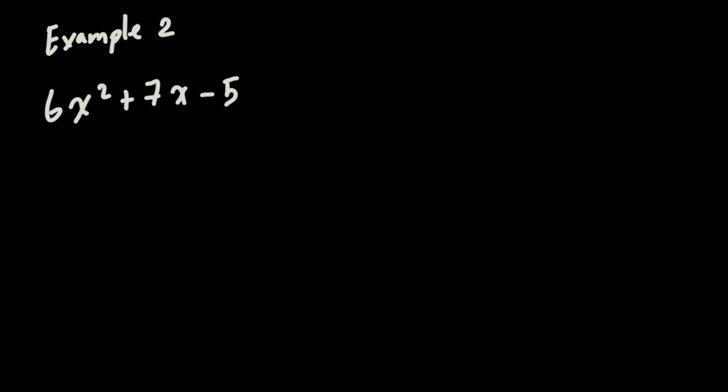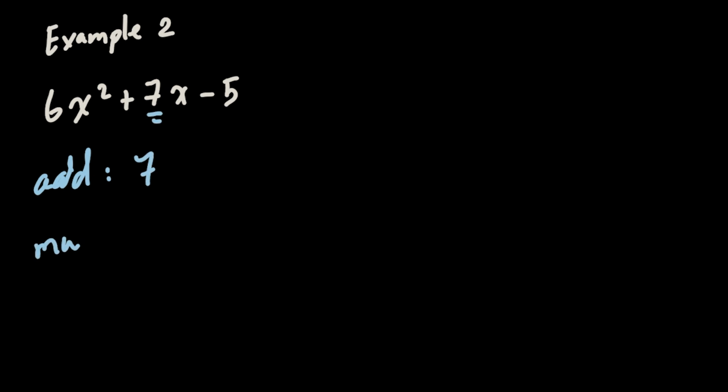Let's see example number 2. We want to factor this expression here. Just note that the coefficient of x² is not 1, so we will deal with this expression differently. In addition, we will get 7.